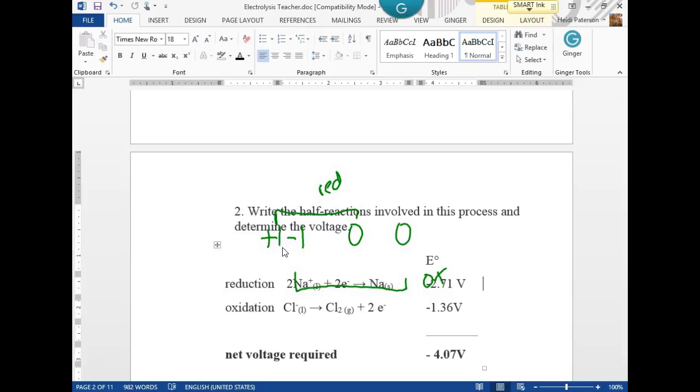This has a really big charge. Sodium ion has to gain 1 electron in order to become sodium. So this is the zero. Chlorine has to lose 2 electrons to become Cl2.